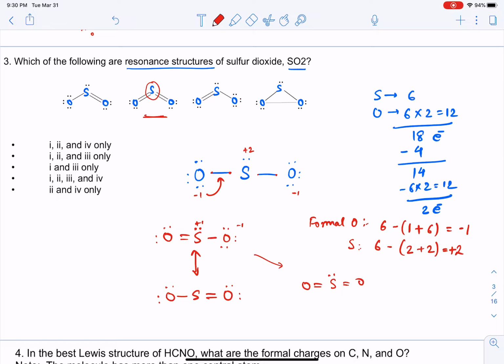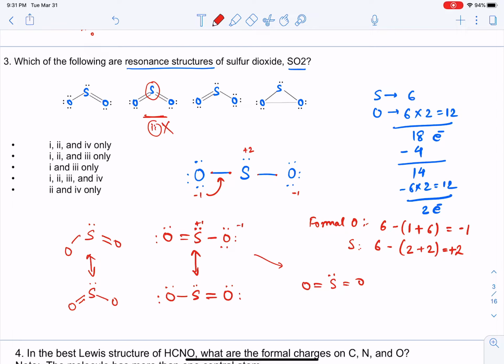So this is one of the resonance structures. I have drawn it in a straight line. They are not in a straight line because sulfur has a lone pair which will push both of the oxygens downwards, forming a trigonal planar state. So it will be something like this. So our answer would definitely be the second.